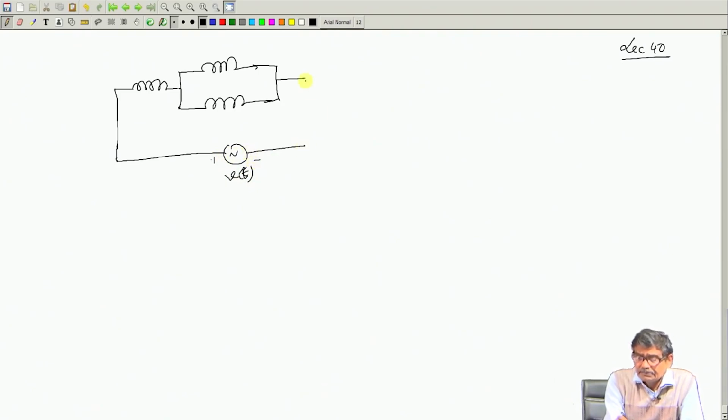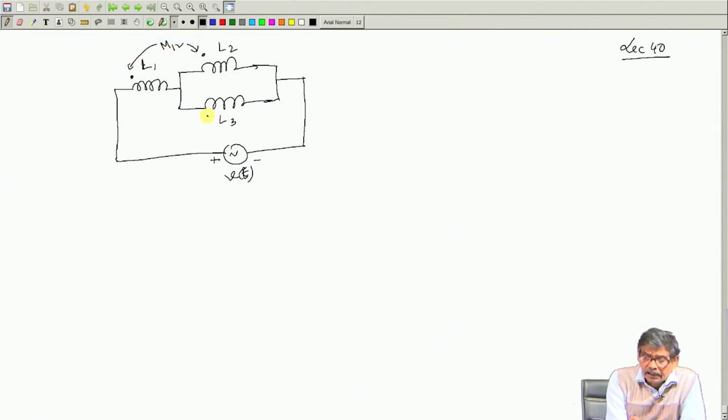Once you are very much accustomed to it, you can write without going into that detail. Suppose this is L1, this is L2, this is L3, and these coils have mutual inductance between L1 and L2, suppose M12. Got the point?